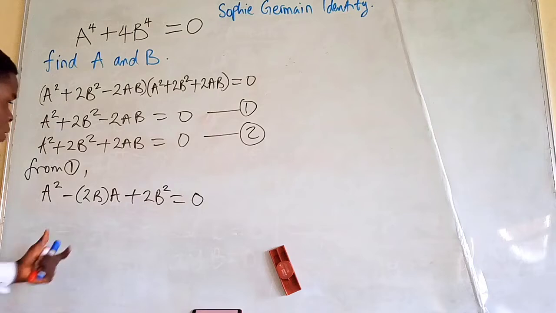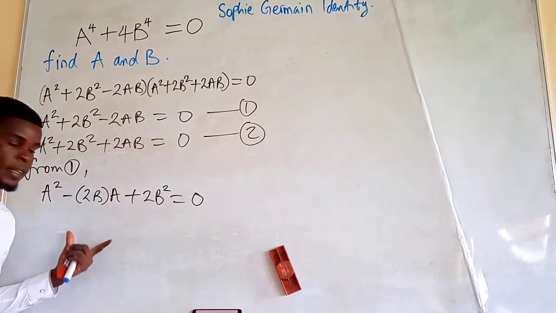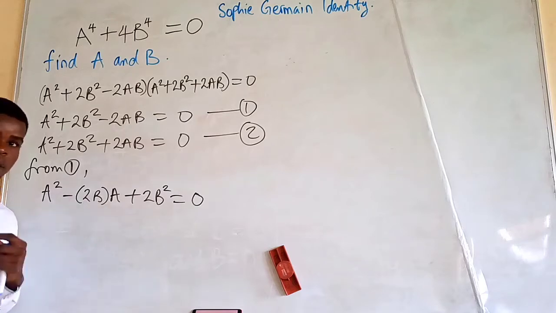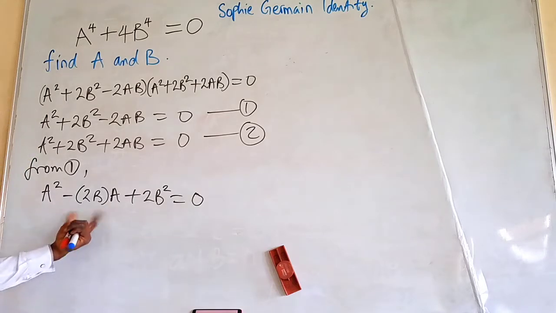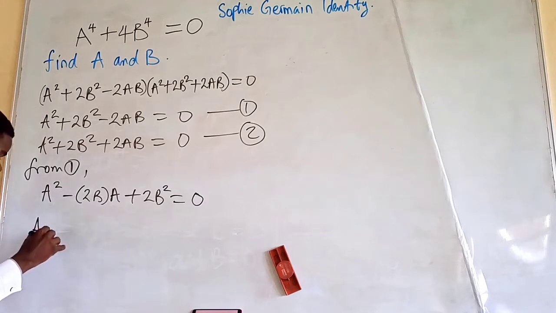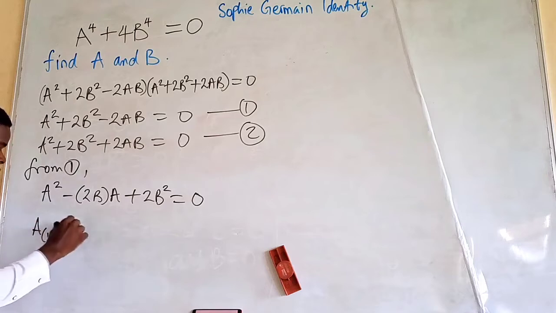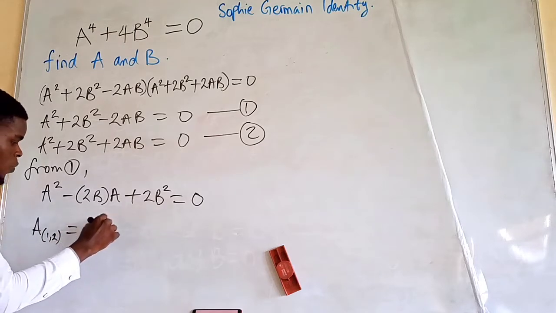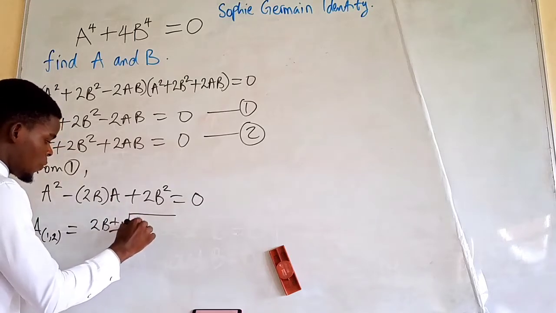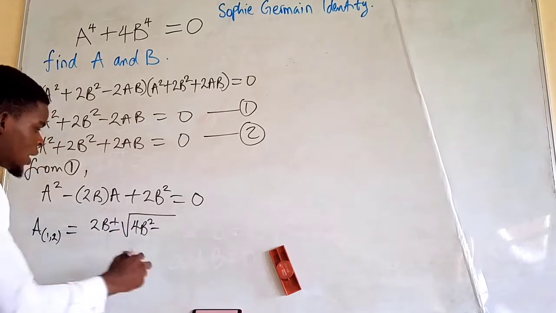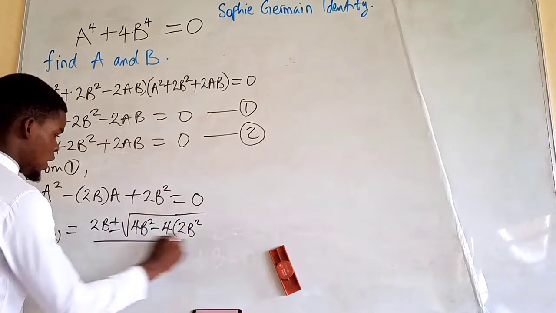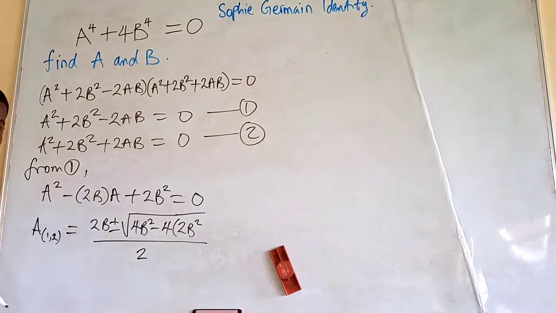So I decide to write this down as a quadratic equation where a is a variable and b is a constant. So with this, I can use our quadratic formula, and I talk about the two values of a to give me negative of b, that is just 2b, plus or minus the square root of b squared, which is just going to be 4b squared, minus 4ac, so that is 4 times 2b squared, alright, divided by 2a. So that is it, alright?